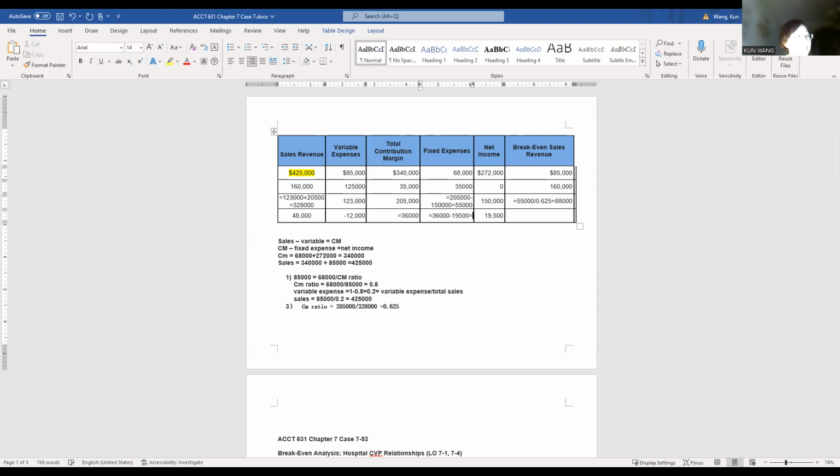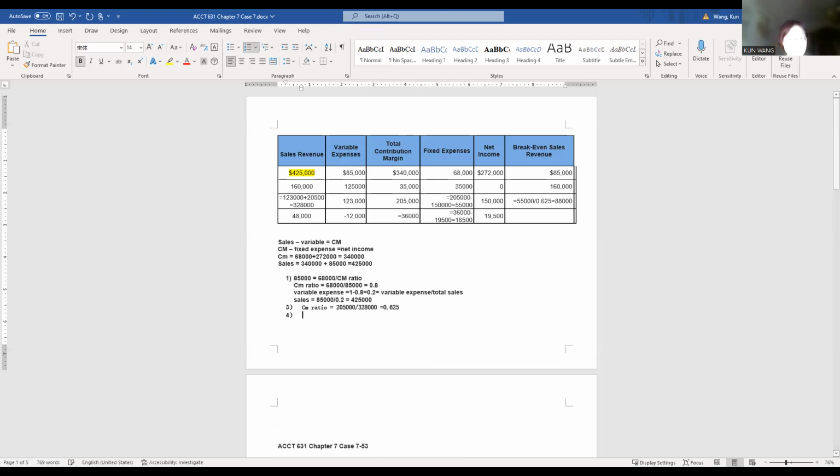So this is 16,500 fixed expense. But now you can work on the break even in sales the same way we worked on number 3, because I need a contribution margin ratio.